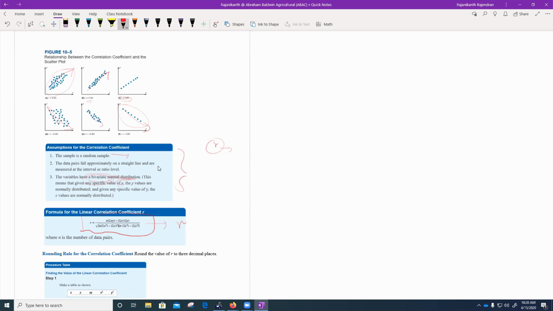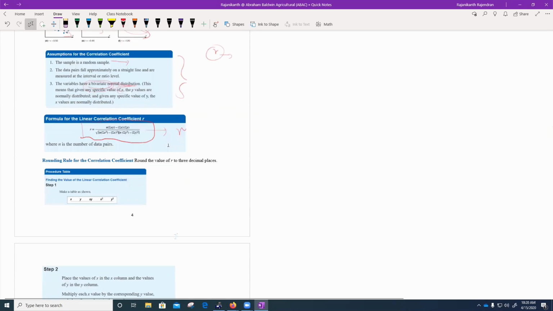Little n is the number of data points, or sample size, right? Okay, so we are going to use this formula if we want to find the correlation coefficient manually. So you have more work, okay? First I will show you how to use this formula manually to calculate r. After that we will move to using the calculator to find the little r.